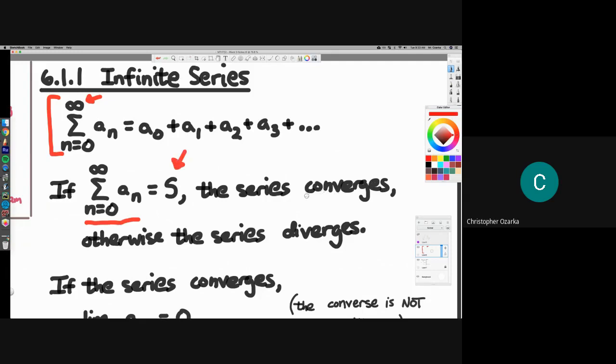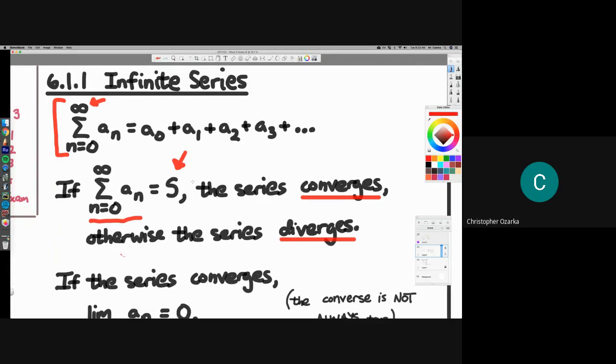You have to memorize that. If it's a certain value, then it converges. Otherwise, if it's not a certain value, then it diverges. That's just the definition of convergence and divergence.